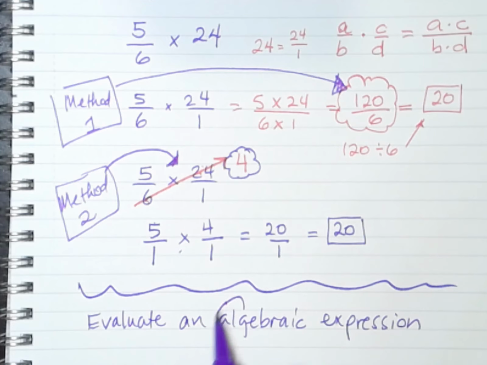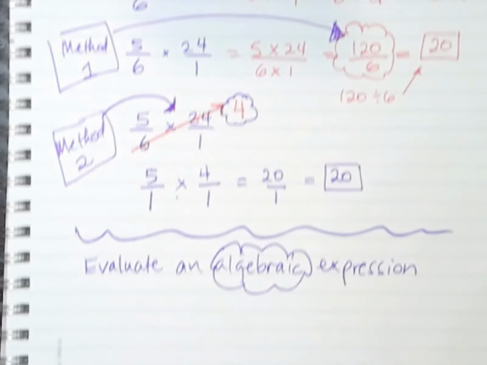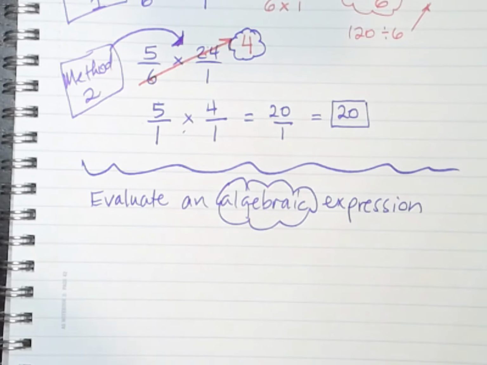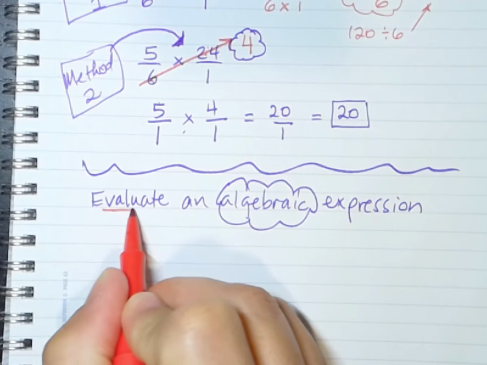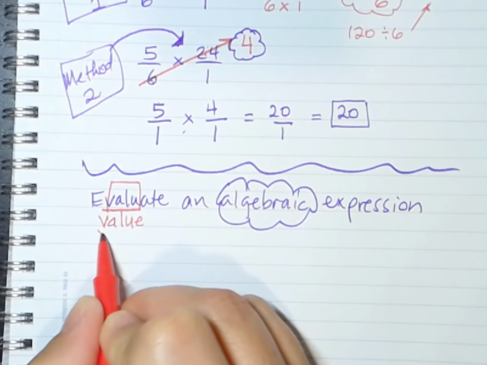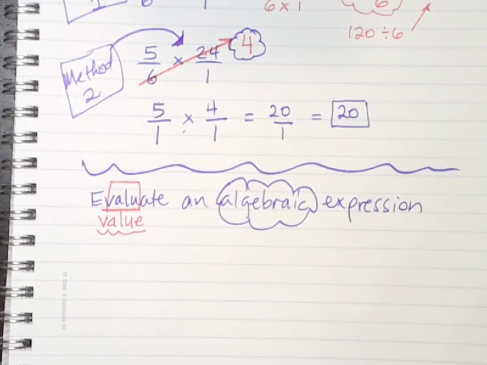So the word algebraic just means that it's going to have letters in it, okay, some variables. The root word of evaluate is value. Value, we're finding a number, okay?